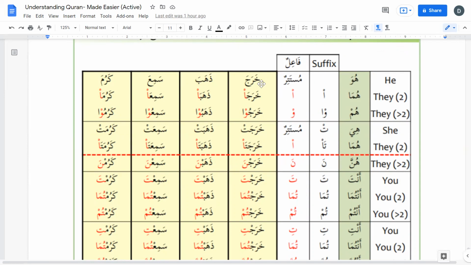So for huwa: kharaja, zahaba, sami'a, karuma. Kharaja and zahaba have the fa'ala pattern, sami'a has fa'ila, and karuma has the fa'ula pattern, right? These are the huwa version of fi'l madi. Kharaja, he left. Zahaba, he went. Sami'a, he heard. Karuma, he was made noble.